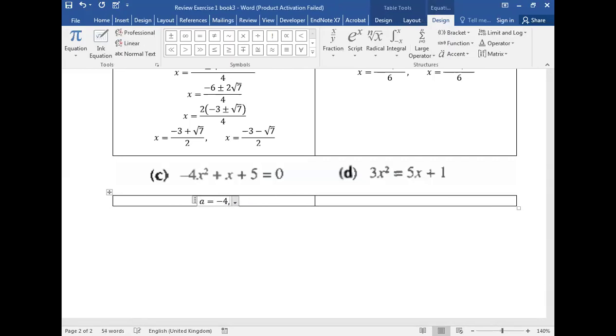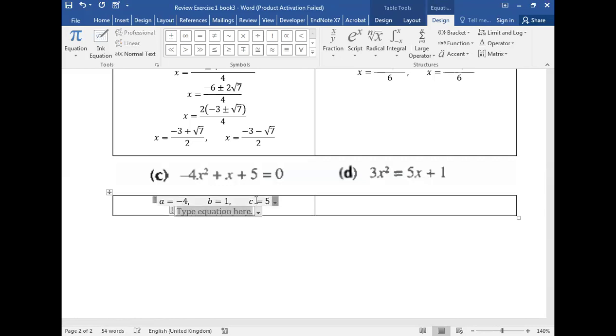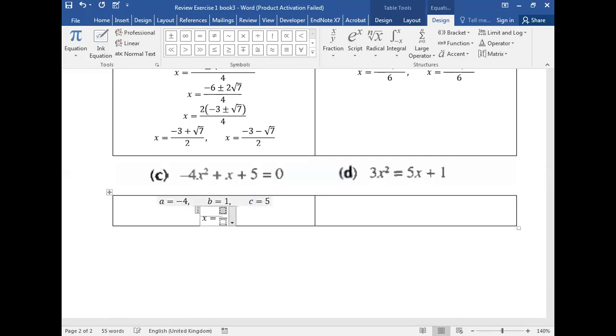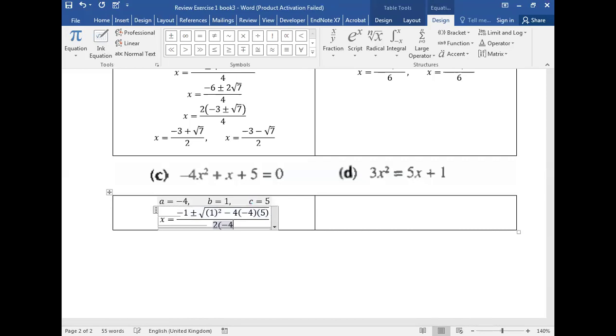A is -4, B is 1, and C is 5. Is that right? -B plus minus under root of B का square -4. A is -4, C is 5. Divided by 2, A is -4.